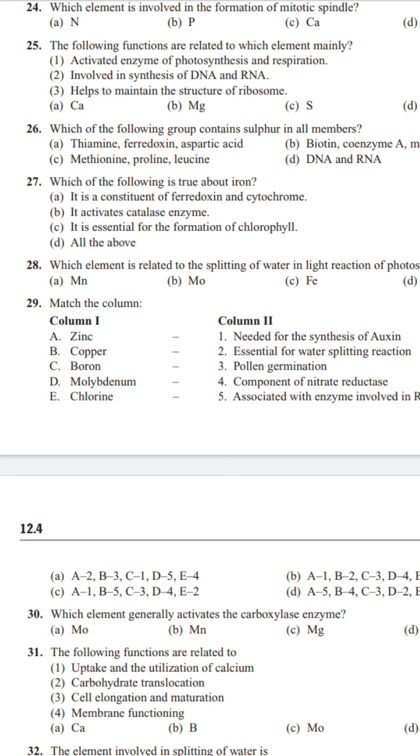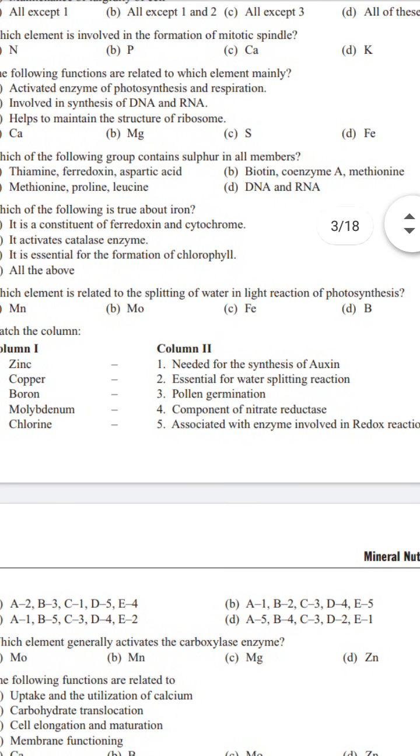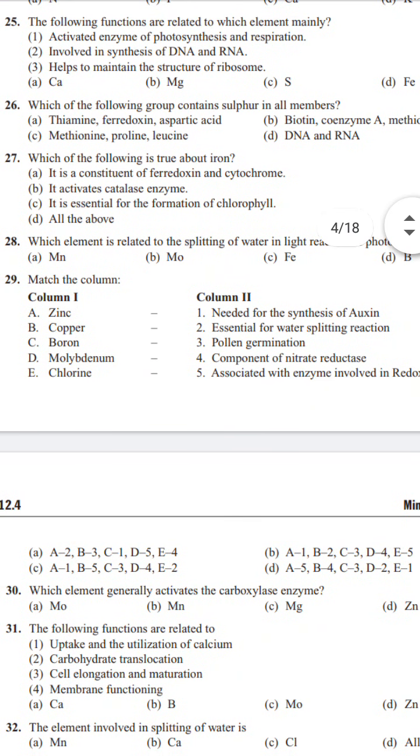Next, B is matching with 3. Copper, pollen germination. Next, C1. Boron. Next, D5. Molybdenum associated with the enzyme involved in redox reactions. Next, chlorine, E4. Component of nitrate reductase.